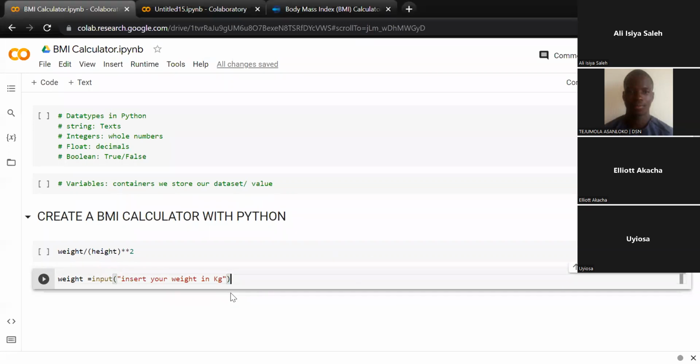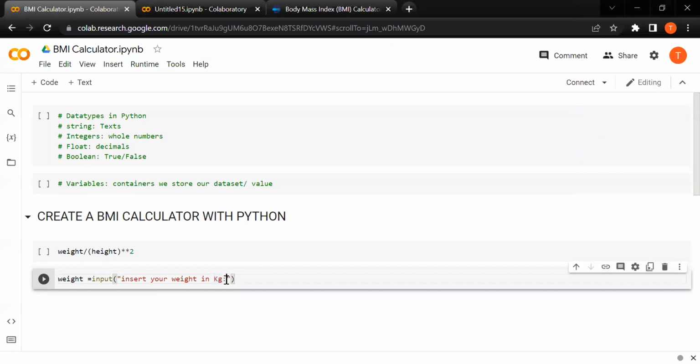Okay, so now we want Python to give a prompt where you can input your weight in kg. I'm going to run this, and then you're going to see how it looks. So input, insert your weight in kg. Let me run this.